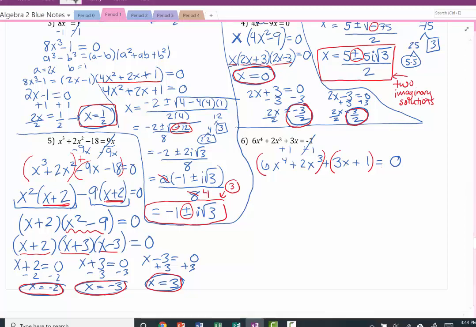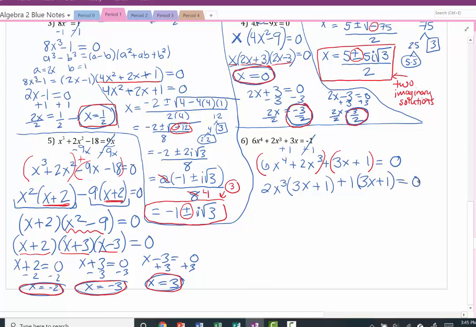group the last 2. Now when we group the first 2, I notice they have a 2 and an x cubed in common. So I'm going to pull out the 2x cubed, okay? And then when I do that, I'm left with 3x plus 1, right? 2x cubed divided by 2x cubed is 1. Meanwhile, over here, there's really nothing in common, so we think of that as just having a common factor of 1.